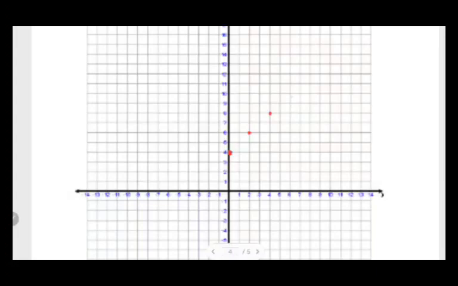Where's 10? Then we have 8 and 12. And we have 10 and 14.